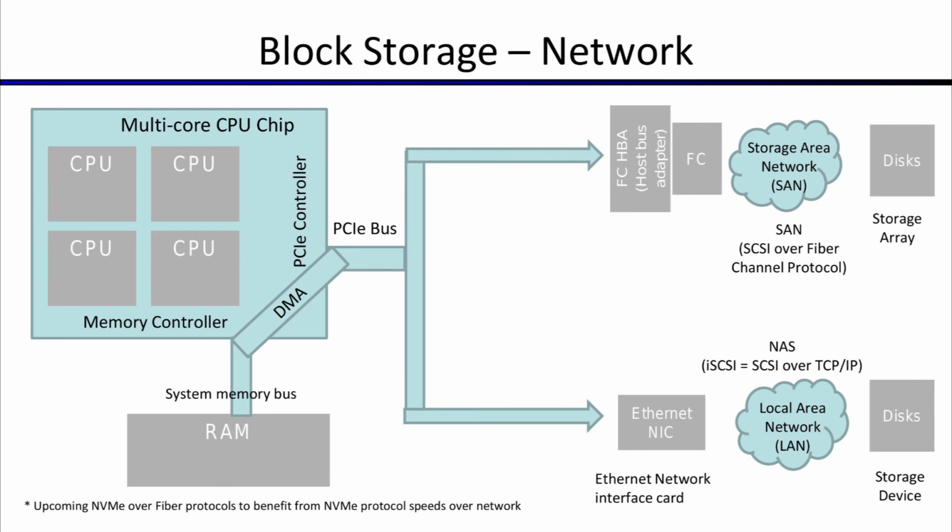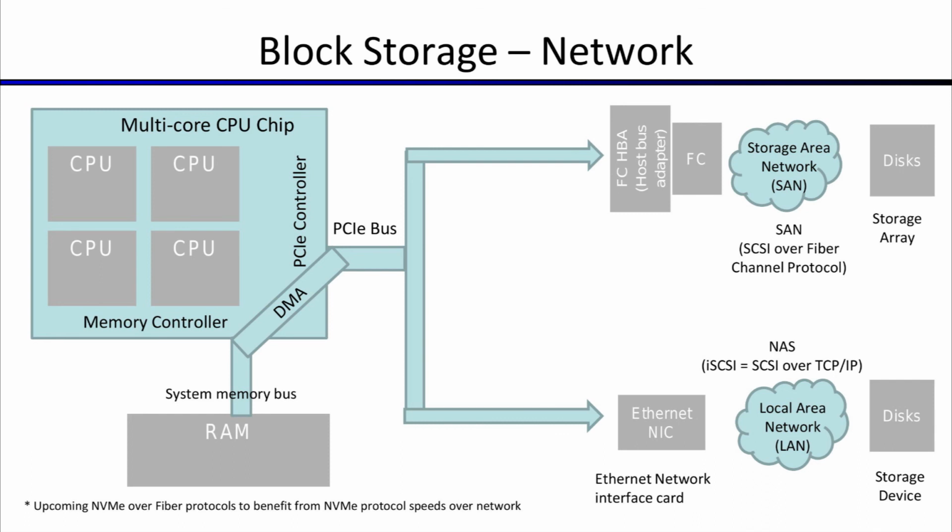So just like we had a host bus adapter for SAS, serial SCSI, in this case there will be a host bus adapter that on the other channel is communicating over Fibre Channel with the network devices, and at the other end there is still a disk that it is communicating with. So you still have a SCSI protocol going on at the application level, but now at the transport level in a storage area network you use the Fibre Channel protocol.